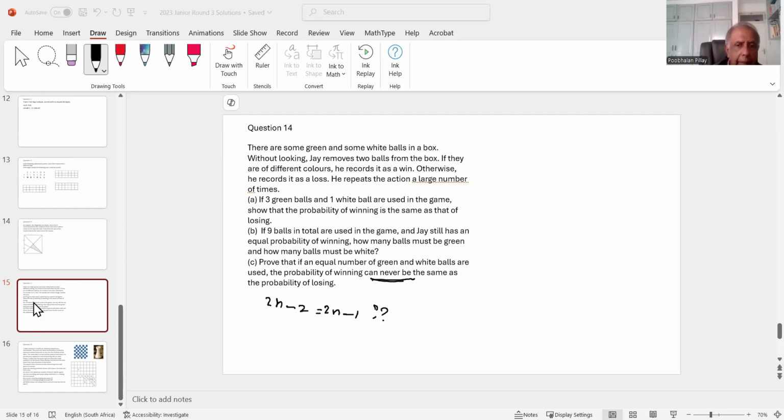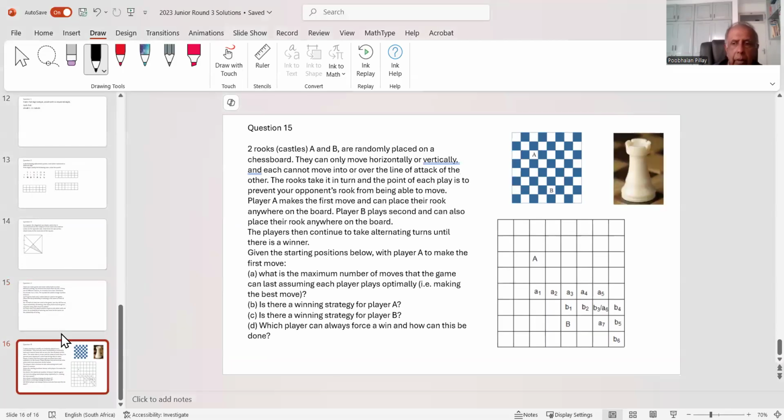And finally, number 15, which is a long haul. Again, I'm going to just tell you what the problem is. You've got a black rook and a white rook, or you've got two rooks.